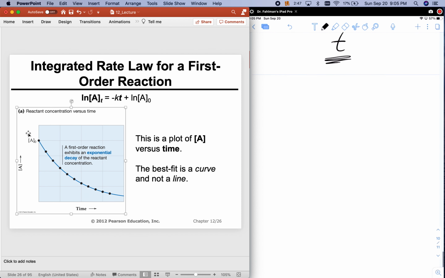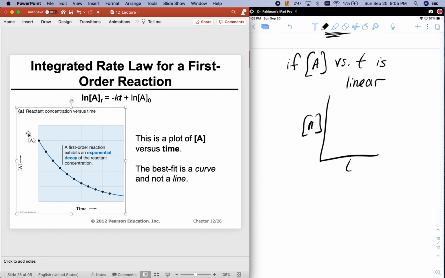Let me write that down: if concentration versus time is linear, then you have rate equal to k. Actually, it's not negative; it will be a positive slope. But very typically, and in lab, it will not happen that way.